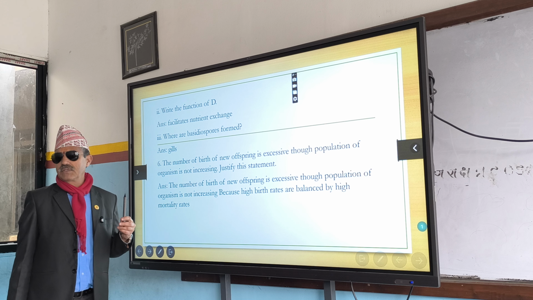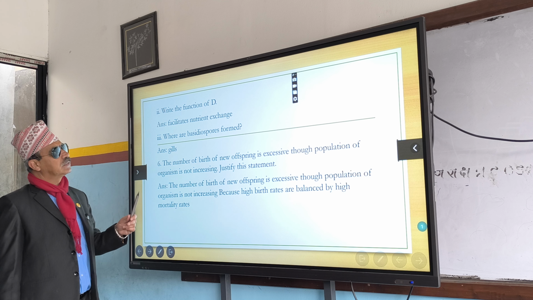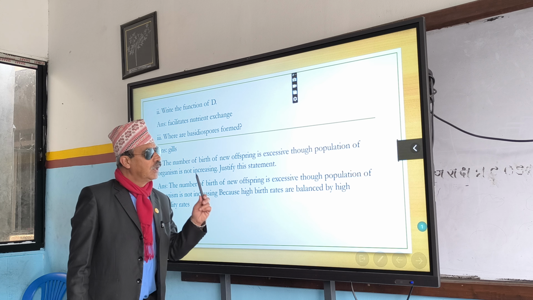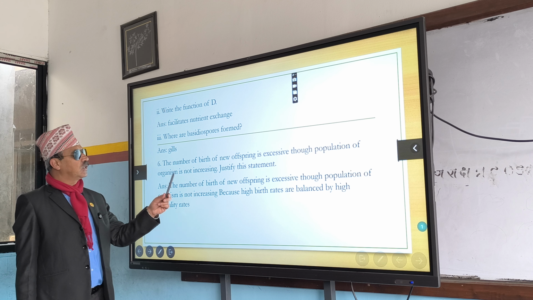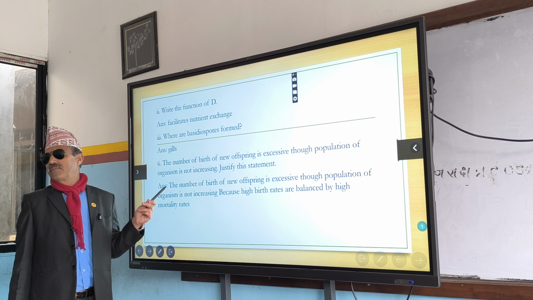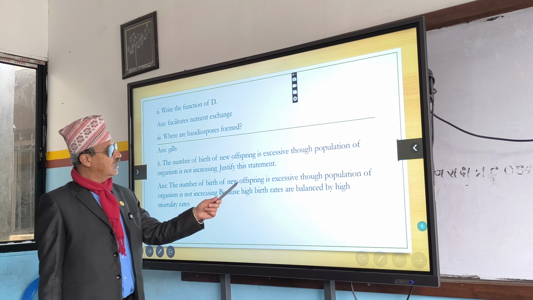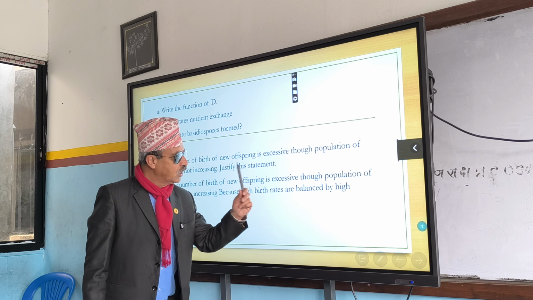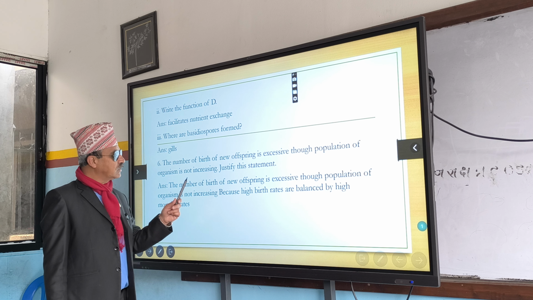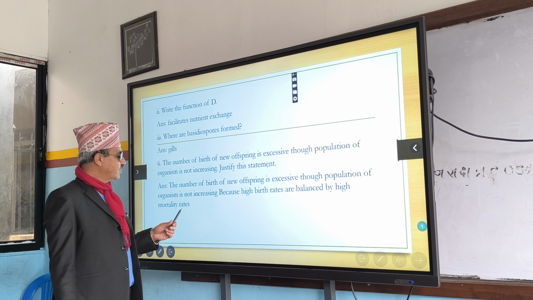Question number 6. The number of births of new offspring is excessive, though the population of organisms is not increasing. How? Actually, it is of enormous fertility. The number of births of new offspring is excessive, though the population of organisms is not increasing because high birth rates are balanced by high mortality rate also.